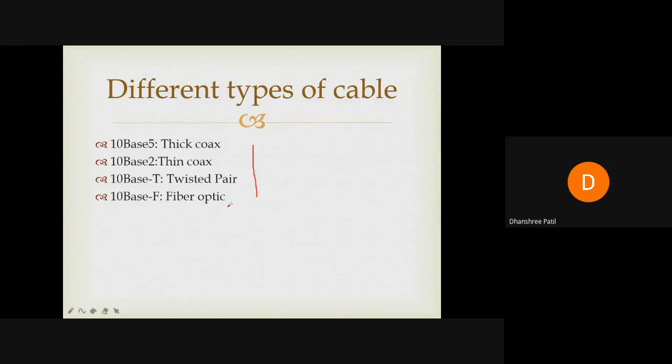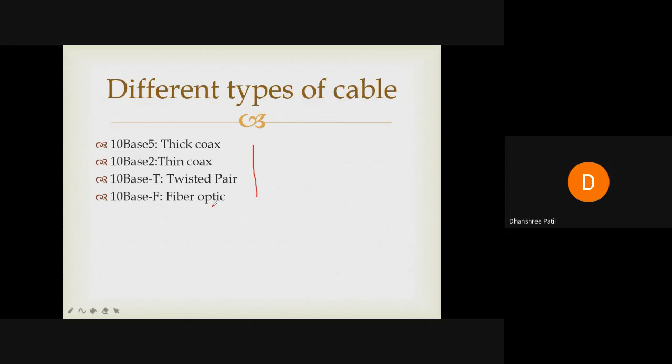This is also asked in MCQs. If you go through the question papers, these are asked as MCQs, for example, 10 base 5 is dash dash type of cable. So remember, 5 means thick coaxial, 10 base 2 thin coaxial, T means twisted pair, F means fiber optic.